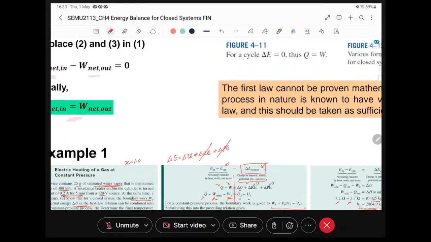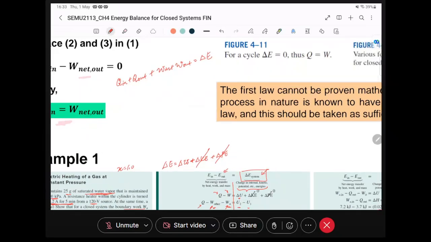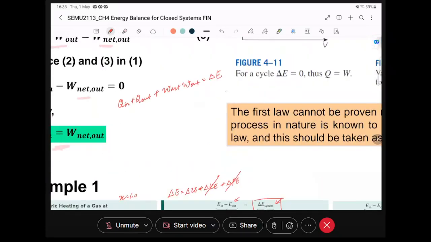Maybe let me re-standardize the way it's being written. If like this, then only we have to look at the positive or negative of the work.